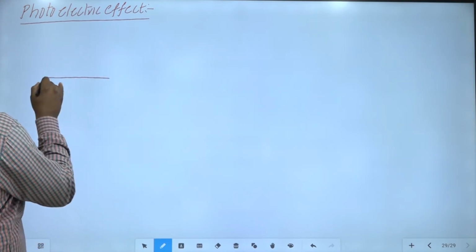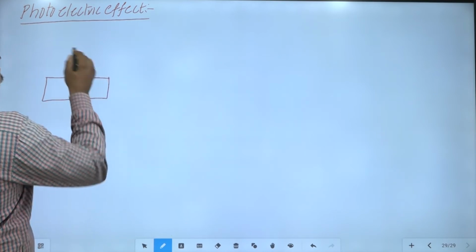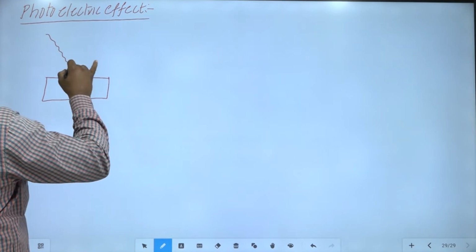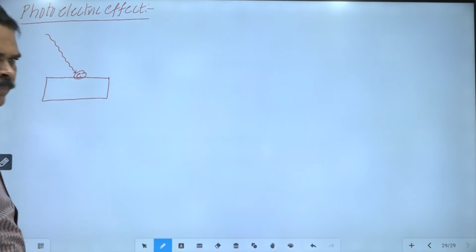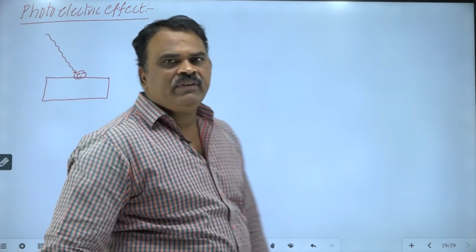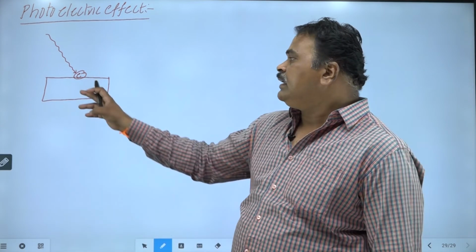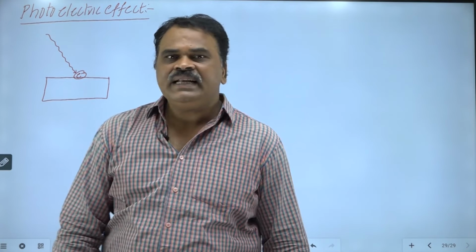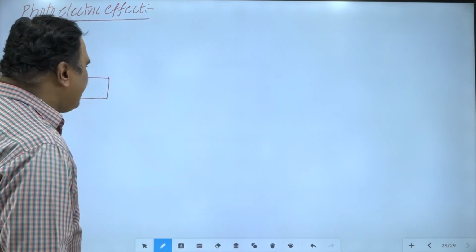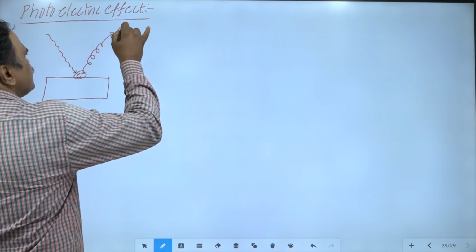This is a metal surface. There are some electrons present on the metal surface. When light of suitable frequency is passed over the metal surface, electrons present on the surface of the metal take up energy from the incident radiation and ejection of electrons takes place.